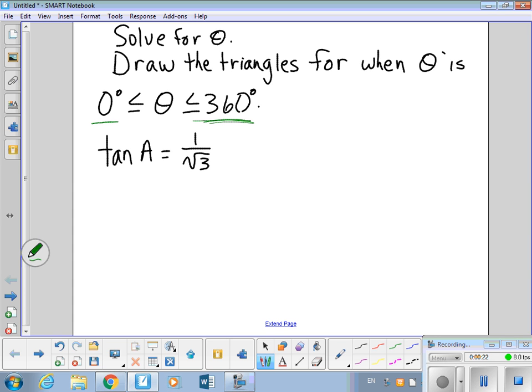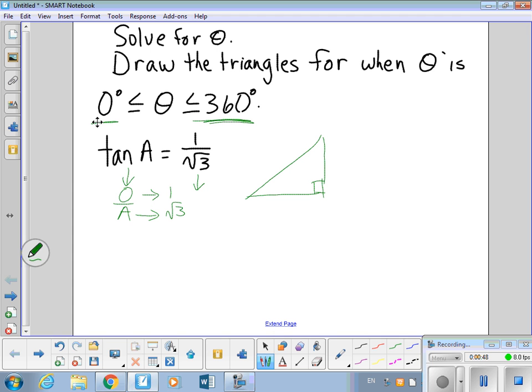So the first thing I'm going to do is I have to figure out, I know that tan is opposite over adjacent. So that means, according to this then, my opposite is going to be 1, and my adjacent is going to be square root 3. So I'm just going to draw a little sketch for myself rather than just the solution.